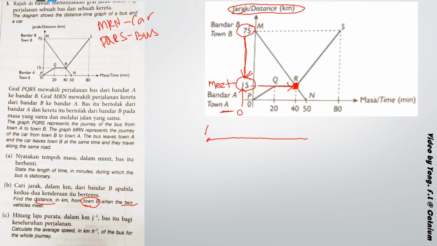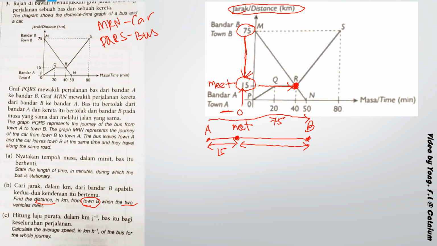So this is A, this is B. Okay, they meet over here, 15 km from town A. But they told you from A to B is 75. So they want to know how much this one is.